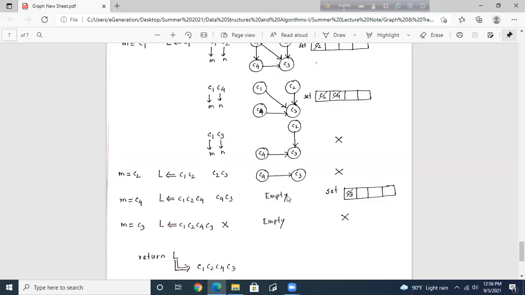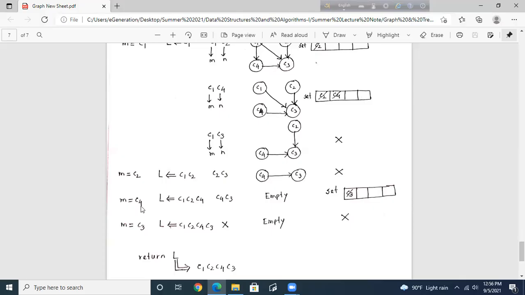After discarding C2, C3, we have C4, C3. Now my question is whether I can write C3 inside the set. No, because towards C3 there is an incoming edge, so I cannot write C3 inside the set.